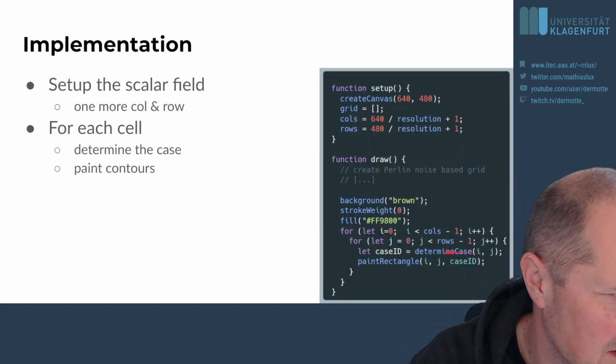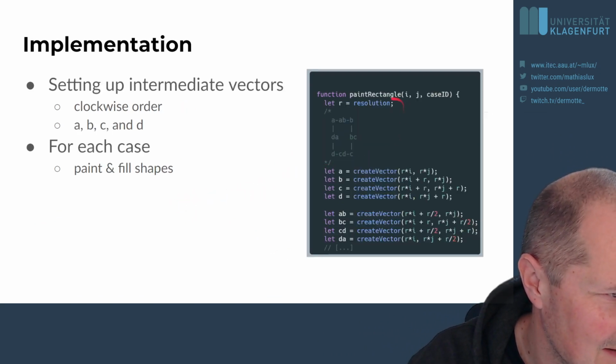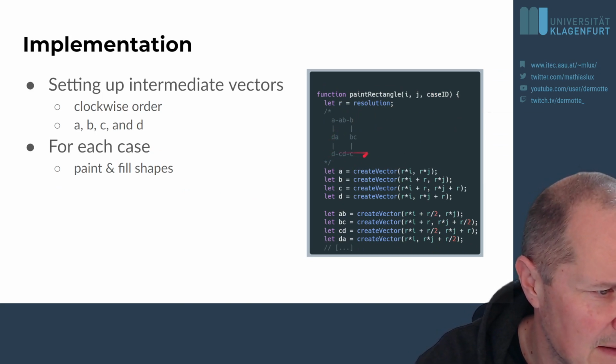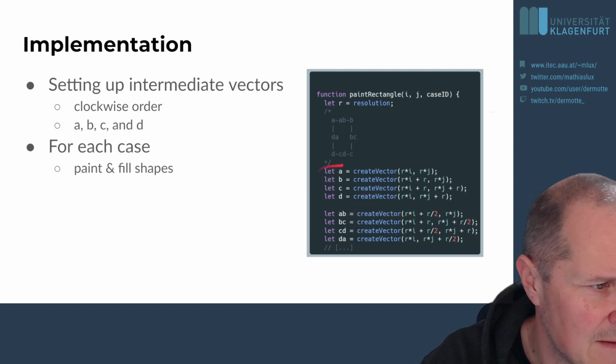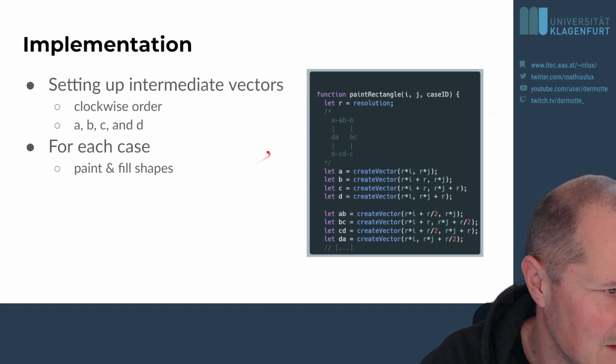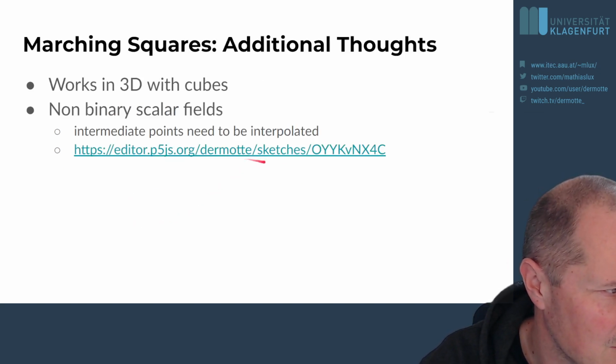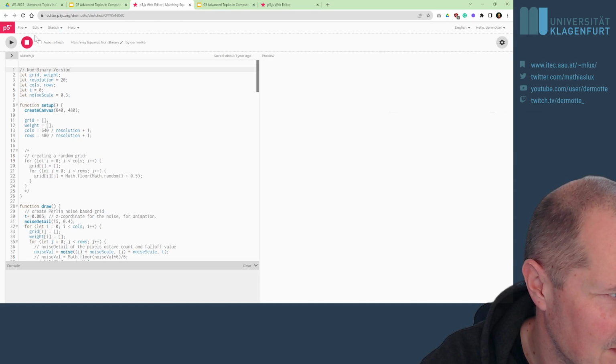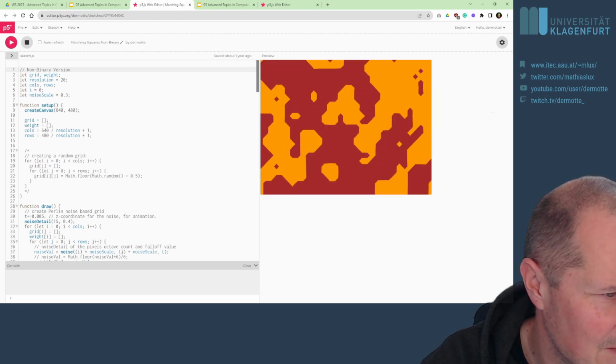So we determine the case here, and then we paint the contours. We have A, AB, AD, BC, and CD, and just create the rectangles with paint and fill shapes. That's what it looks like then.